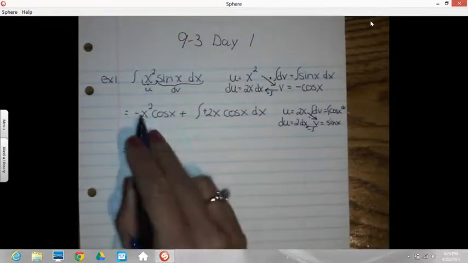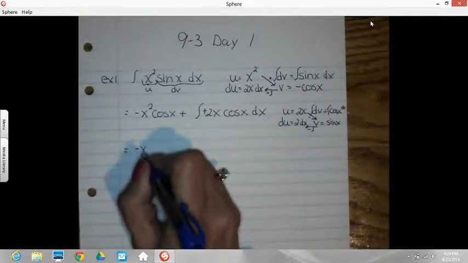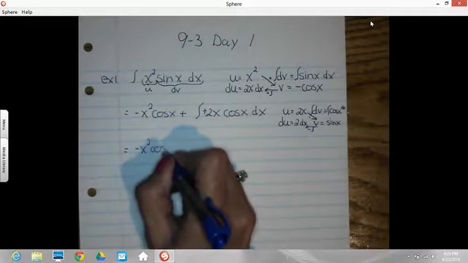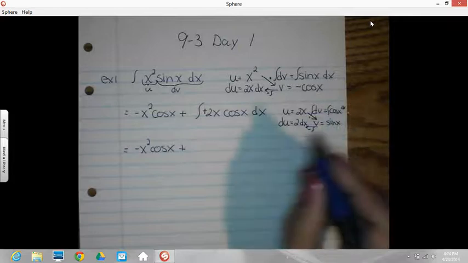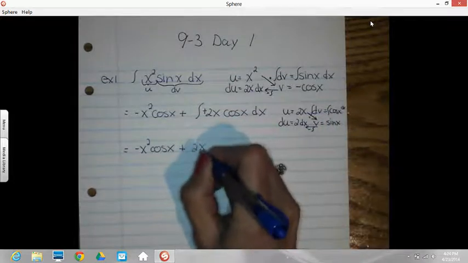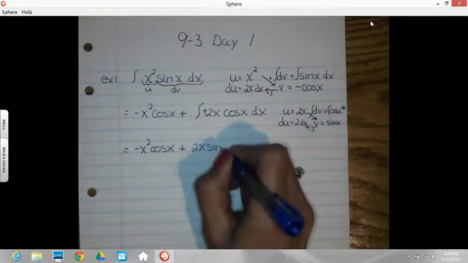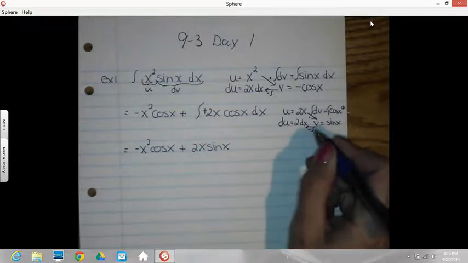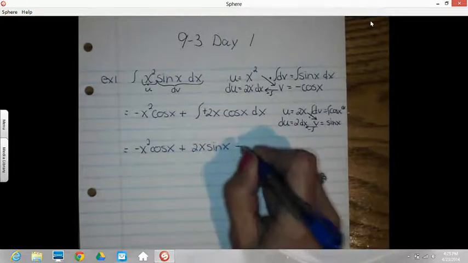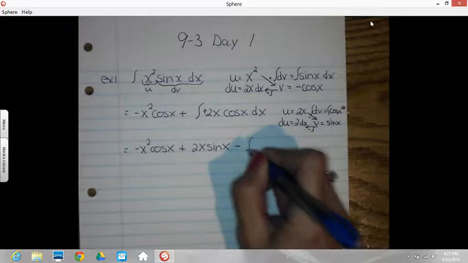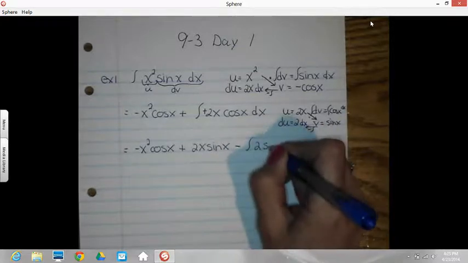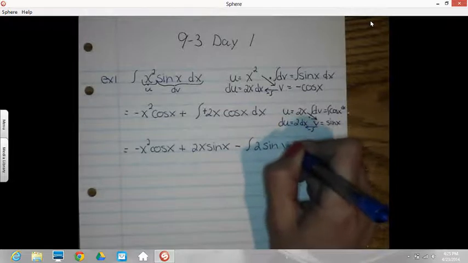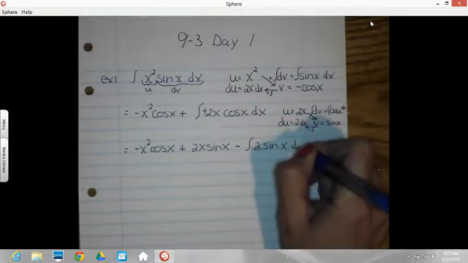So carry that along, negative x squared cosine x plus u times v is 2x sine x. Then minus the integral of 2 sine x dx.